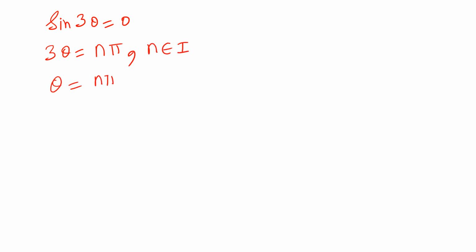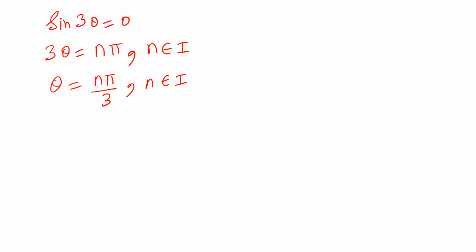Now students, I consider the equation sine 3 theta equal to 0. The general solution of this equation is 3 theta equal to n pi, where n is any integer. From here, I get theta equal to n pi upon 3. Now, since the given interval of theta is closed minus pi by 2 to pi by 2, so the allowed values of n are minus 1, 0 and 1.